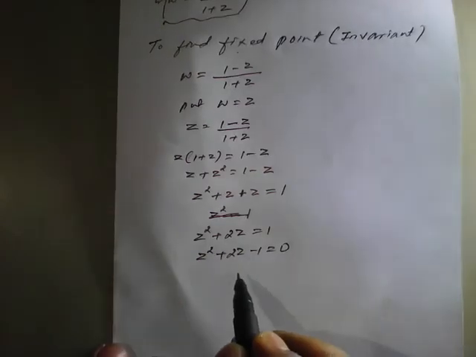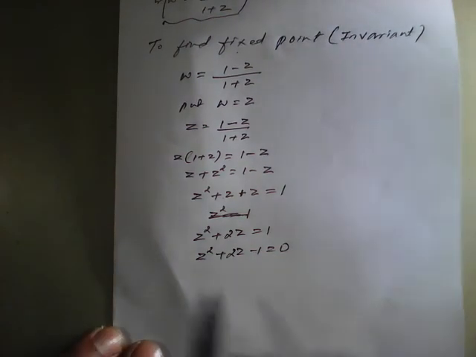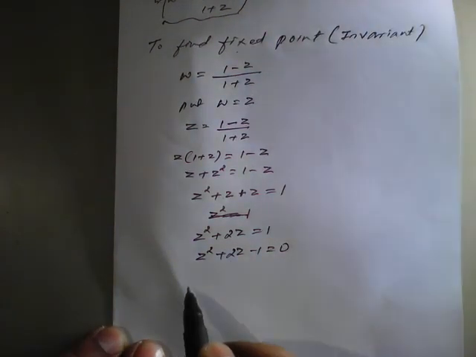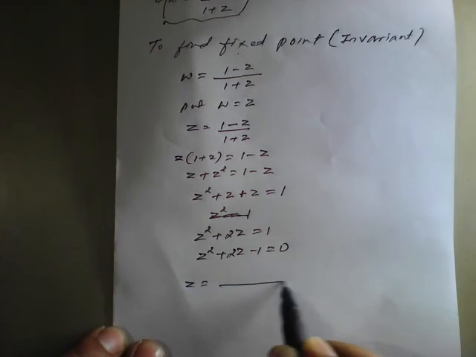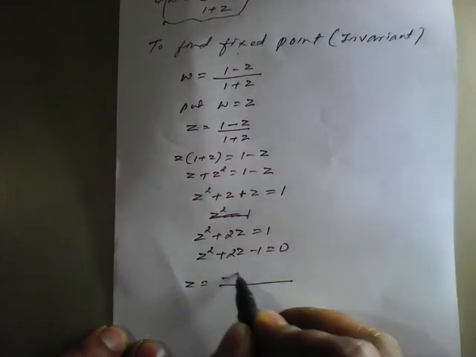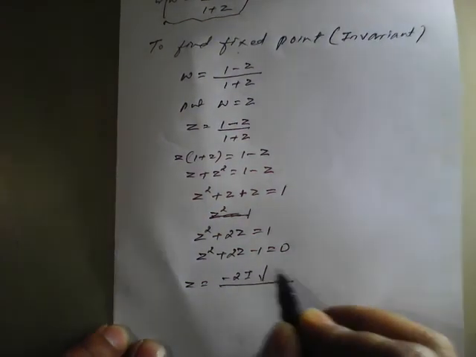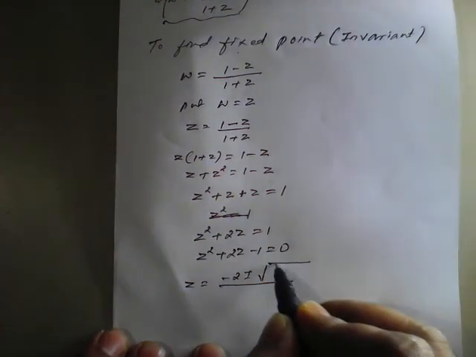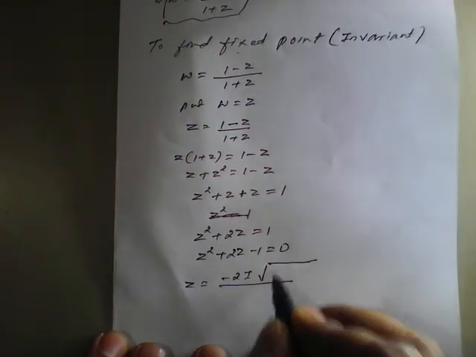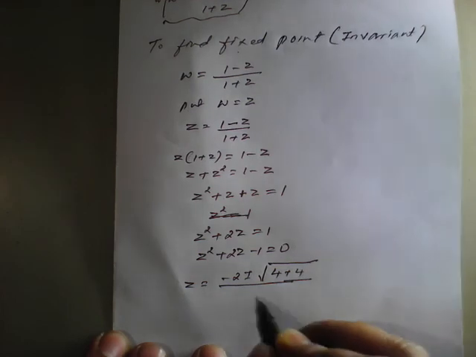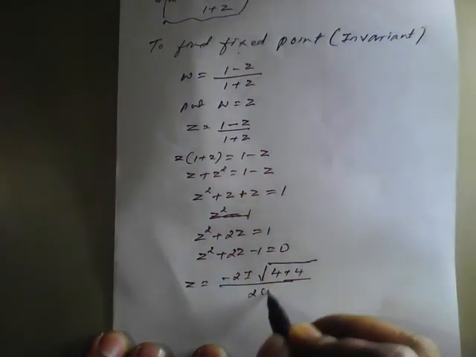So if you simplify using the formula, z is equal to -2 plus or minus square root of 4 plus 4 divided by 2a. The a value is what here? 1.